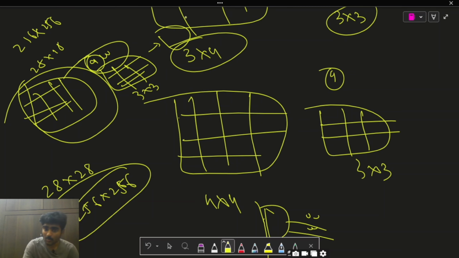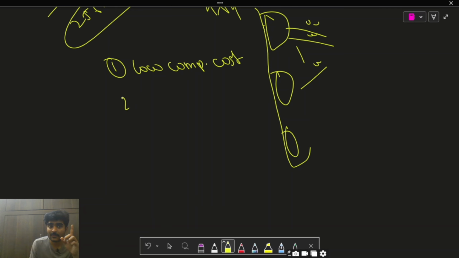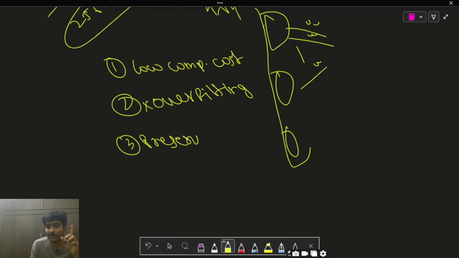So the advantages of convolution neural networks are, first, low computational cost, second, no overfitting, and third, preserving spatial features.